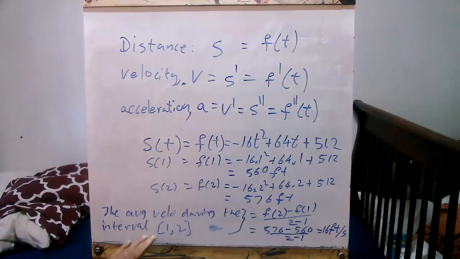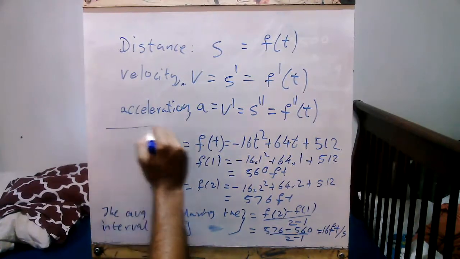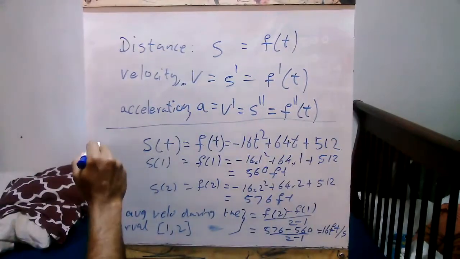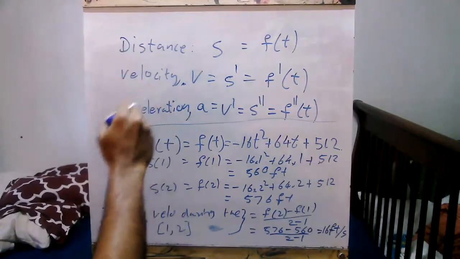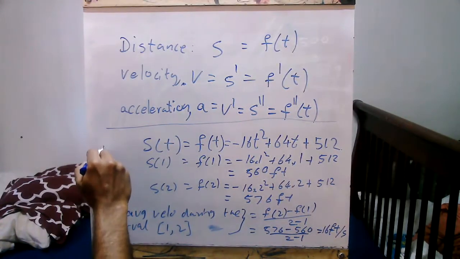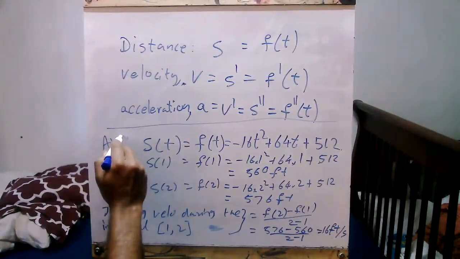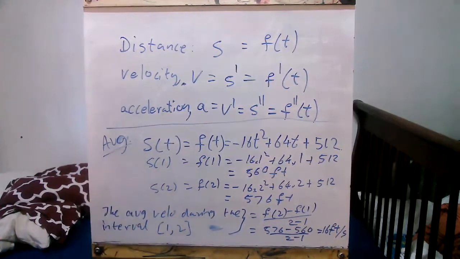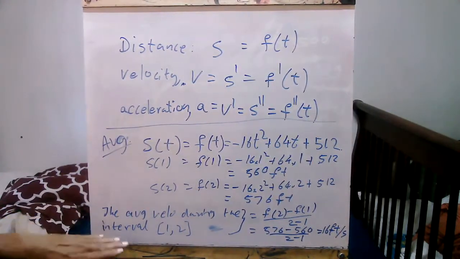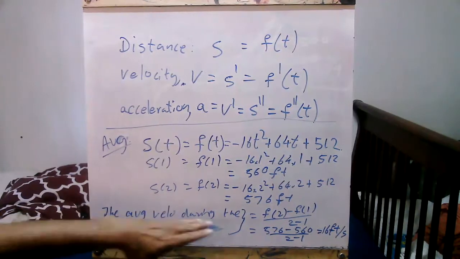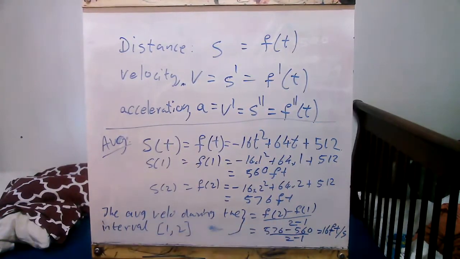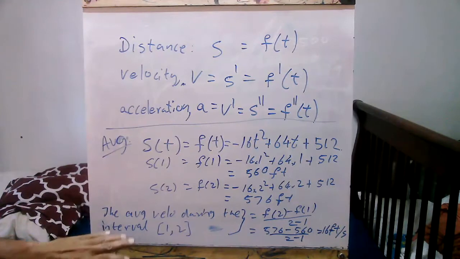Now this is the average of distance, velocity, acceleration. This is the average velocity: the distance difference divided by the time difference gives us the average velocity.